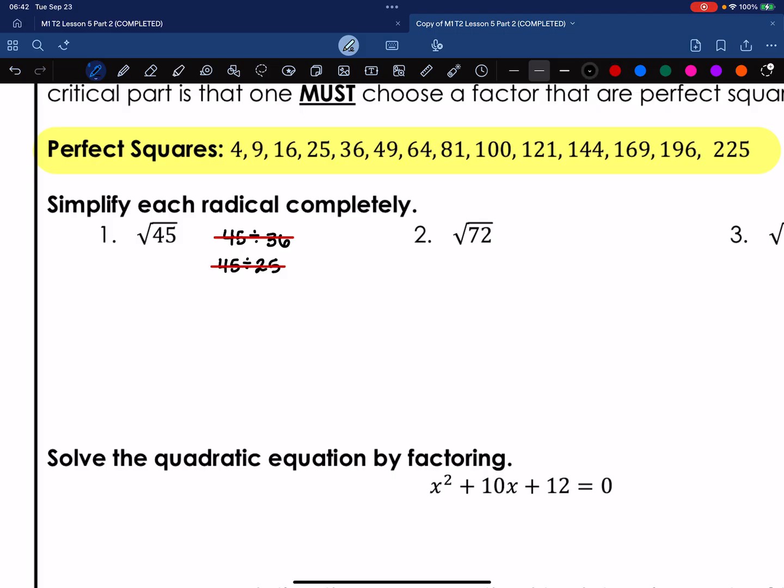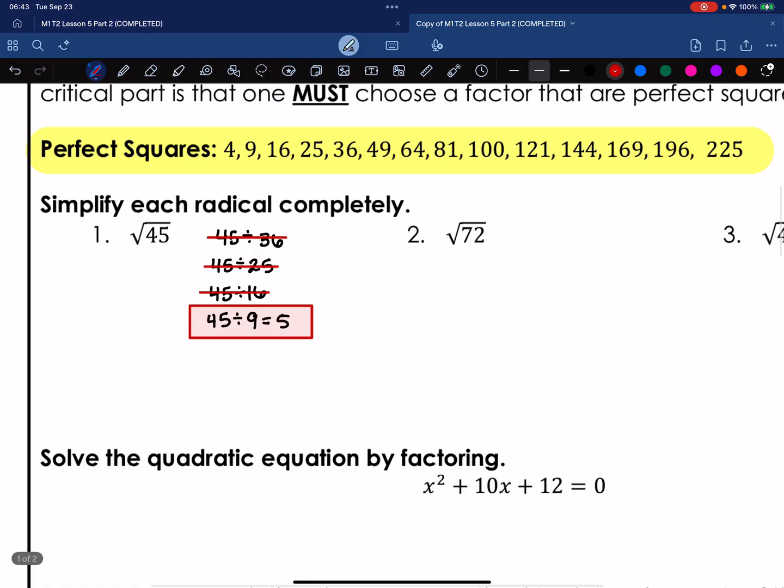Then we go on to the next one, 45 divided by 16. We get a decimal, 2.8, so that's not what we want. Okay, we're looking for a nice, pretty whole number. When I take 45 and divide it by 9, that gives us 5. So that's the one we want, because when we divide, we get a nice whole number.